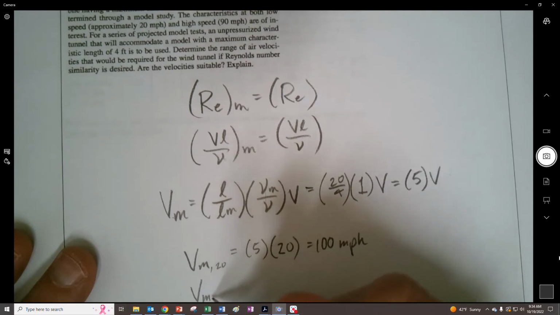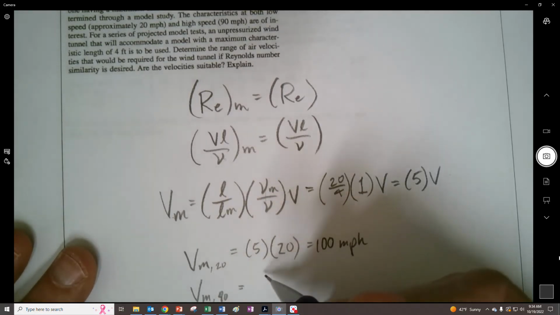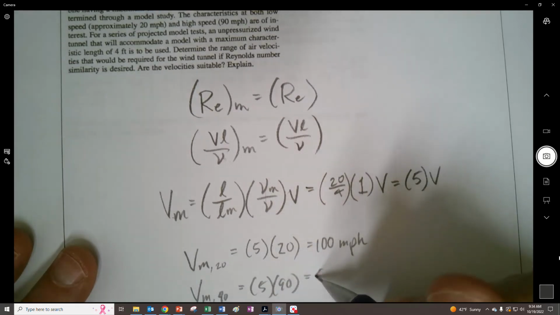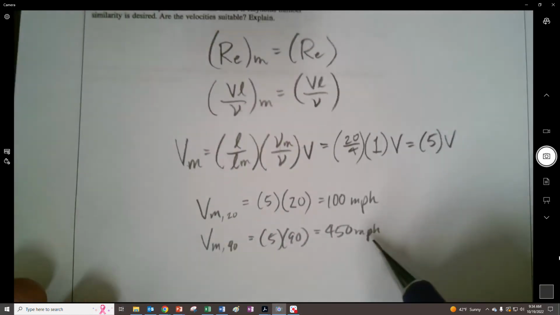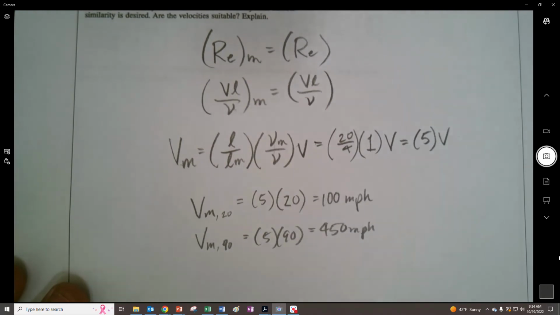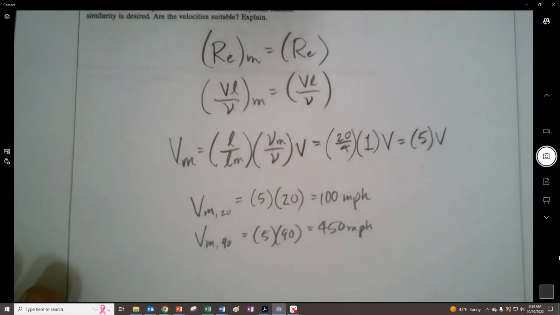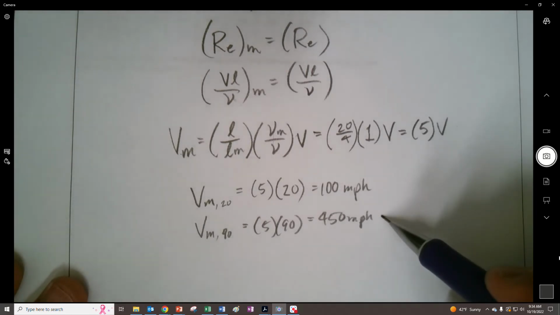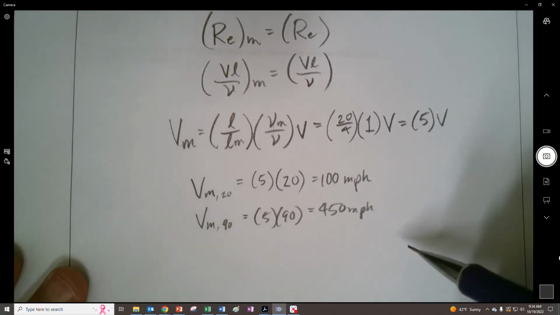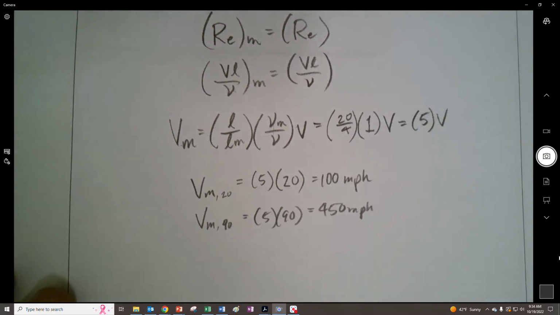But now with a model at 90 miles an hour, it's going to be 450 miles per hour, and that could be tough, right? So that's even worse than the previous example of 187.2 miles per hour. So the thing we're probably going to be concerned about is what's our Mach number, right? Remember, 0.3 is sort of the tipping point when it comes to compressibility.